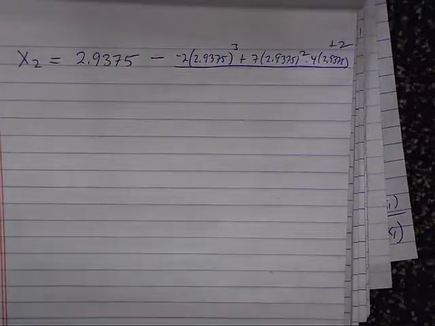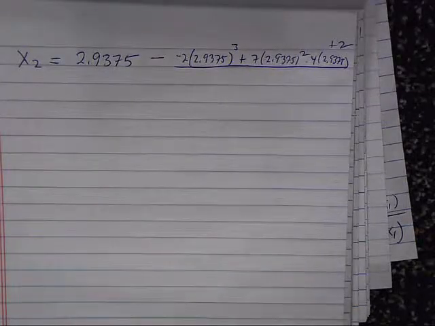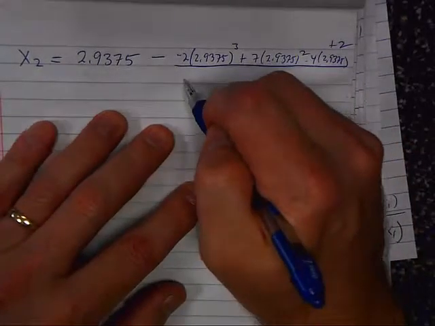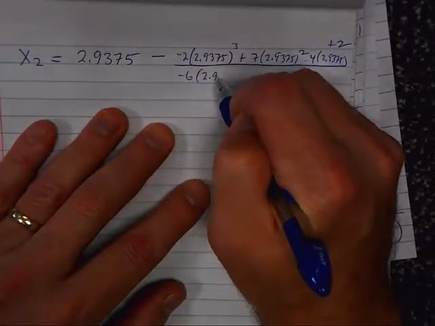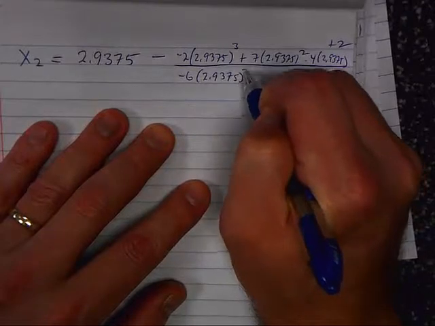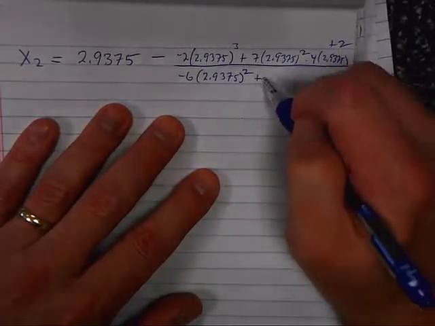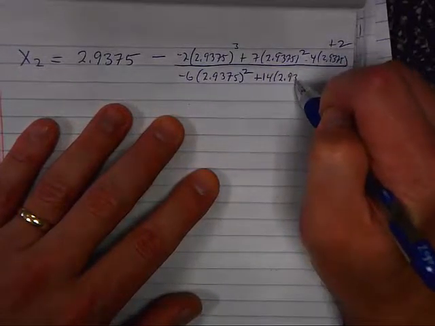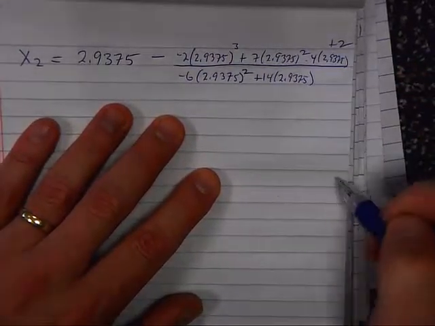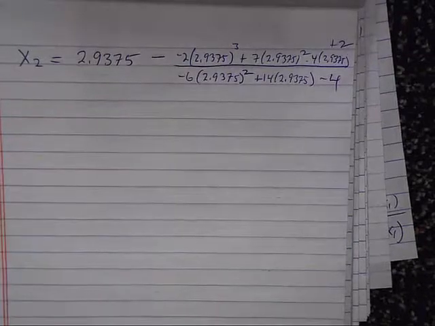And then divide by, we got to take that number 2.9375 and plug it into the derivative. So that's negative 6 times 2.9375 squared plus 14 times 2.9375 minus 4.